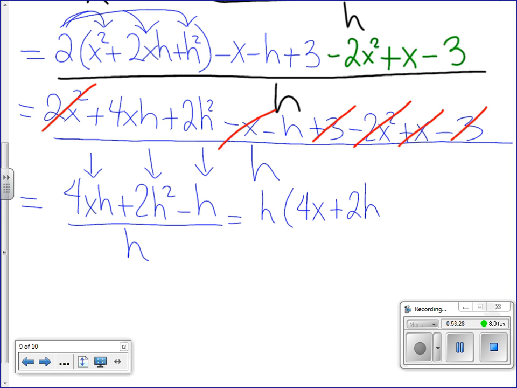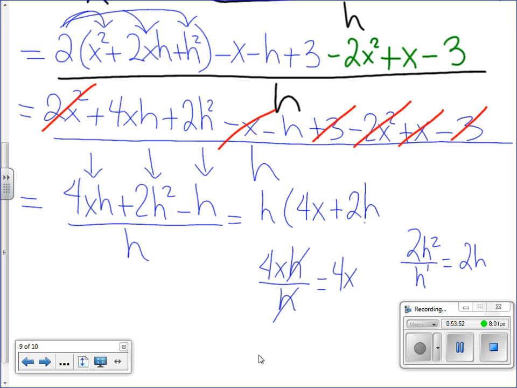Two h. Yes. Okay, let's make sure. So if I factor 2xh, if I factor out an h, it's like I'm dividing by it, so I should have 4x. The next one, if I have 2h squared and I factor out an h, it's like I divide by it. So remember, we subtract the exponent, so we should get 2h. So that's that one there.